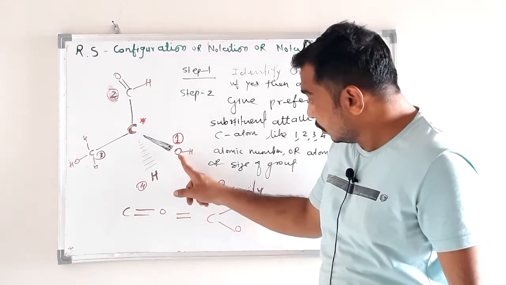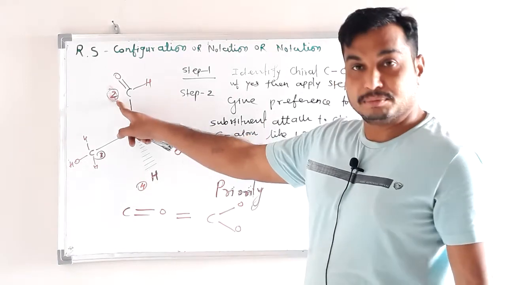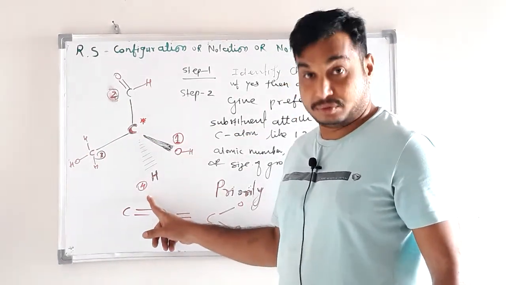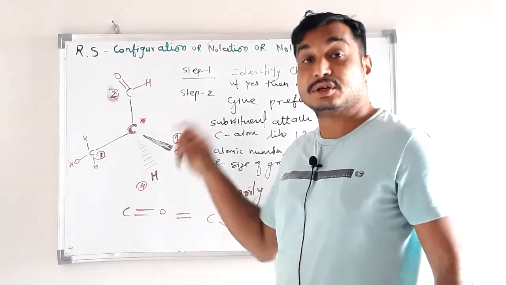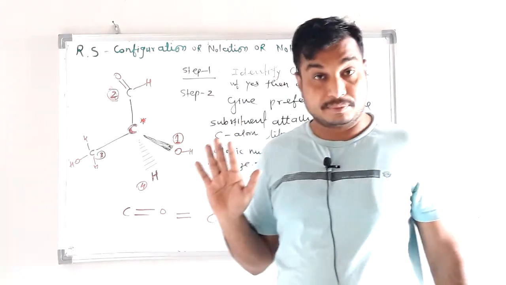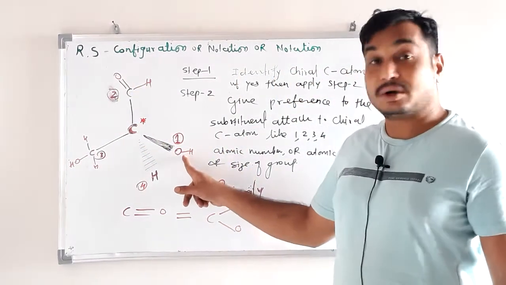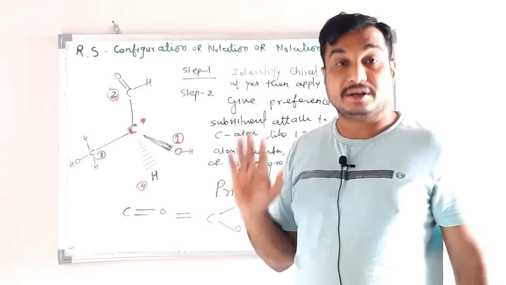OH group number 1, aldehyde group number 2, CH2OH group number 3, hydrogen number 4. So the OH group is the highest priority group, and hydrogen is the lowest priority group.